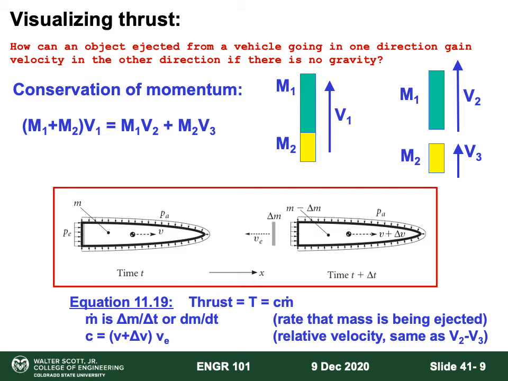Okay, so we're going to continuously eject out the back, which causes the rocket that you see to accelerate between time t and time t plus delta t because of the mass that is moved back. So that equation, T equals C times the rate of change of the mass, m dot, is important.